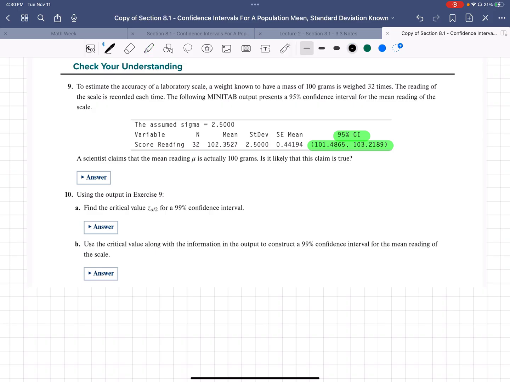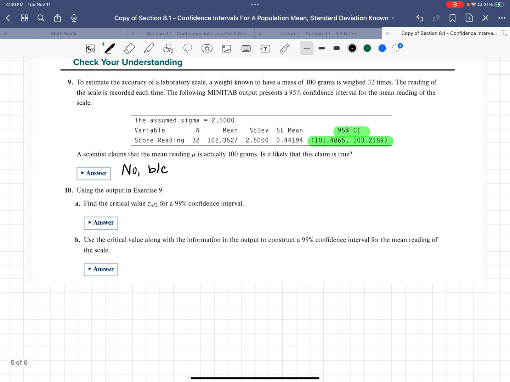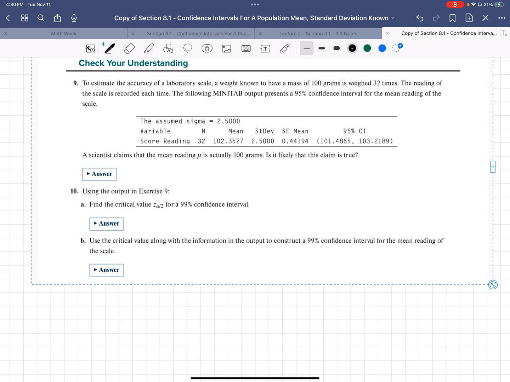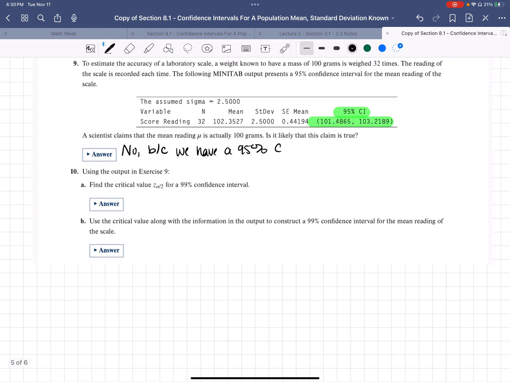So that is no. Because we have a 95% confidence interval of 101.49 is less than mu is less than 103.22.